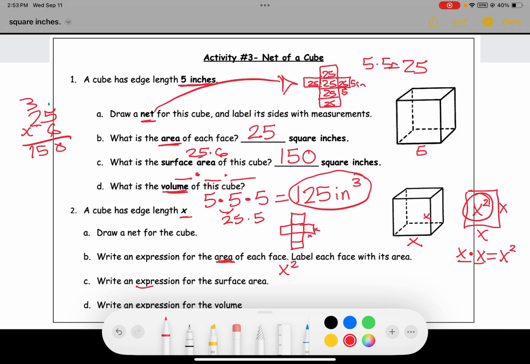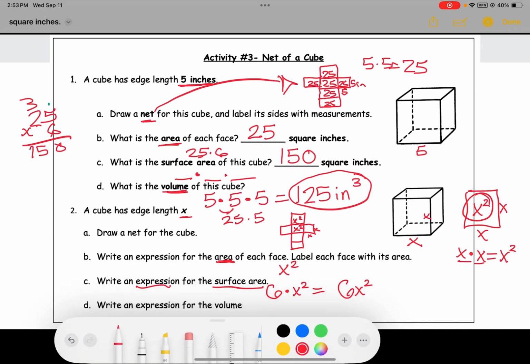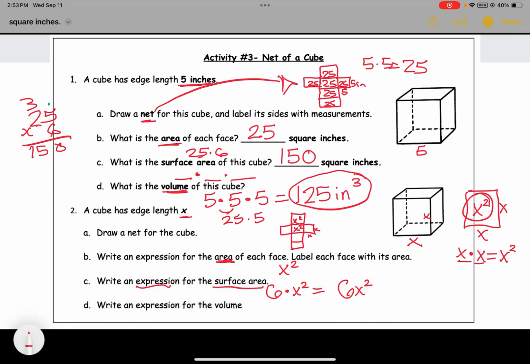Then it says write an expression for the surface area. So if one face is x to the second power, then all of them are x to the second power. So I'm going to just write 6 times x to the second power, which I could really just write as 6x squared. That would tell me the surface area of all 6 of the faces.